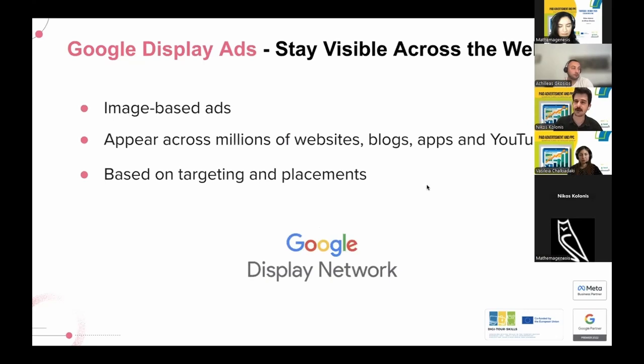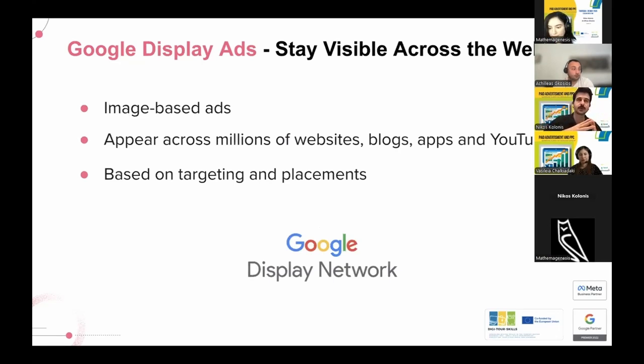Moving on, after the Google search ads, we have Google display ads. And these, as we said, Google search ads are text-based, these are image-based, and these appear across the whole Google Display Network.